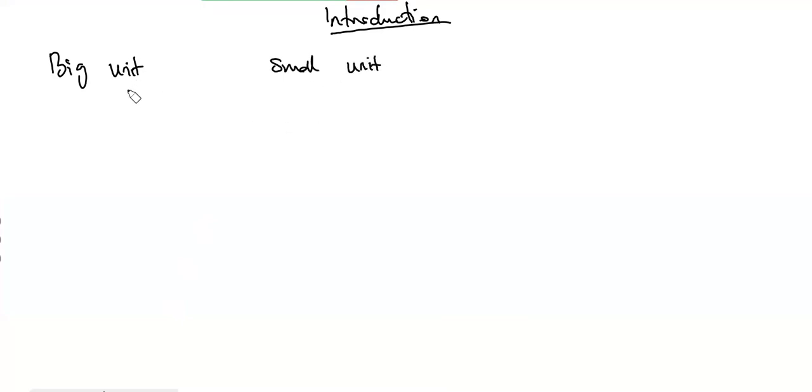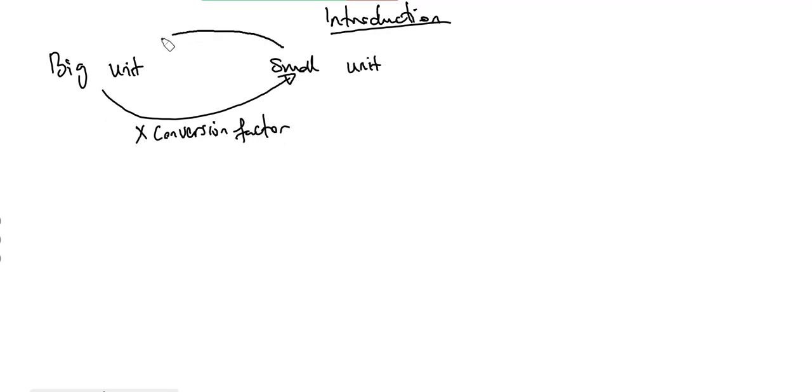If you are moving from a big unit to a smaller unit, say from kgs to grams, you need to multiply by the conversion factor. If you are moving from a smaller unit to a bigger unit, you need to divide by the conversion factor.